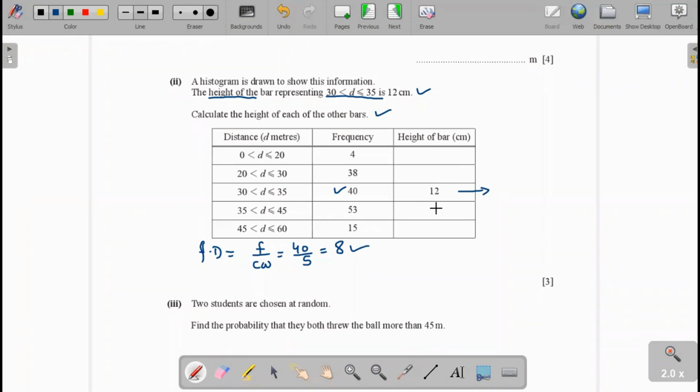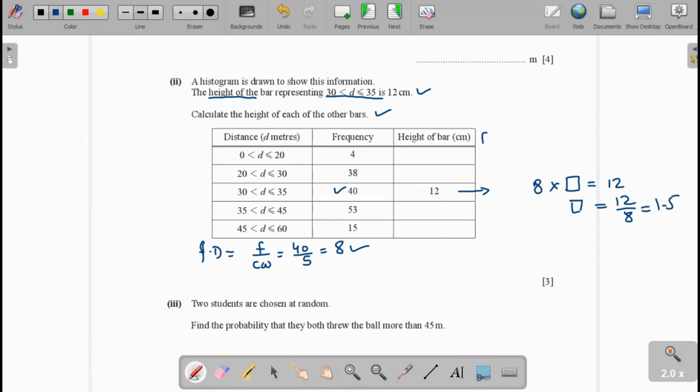Therefore, it means that the frequency density is multiplied by a factor. When we multiply this frequency density by that factor, the height becomes 12. Therefore, we can find the scale factor by 12 divided by 8, and that number becomes 1.5.